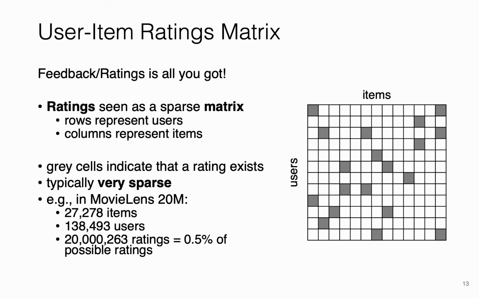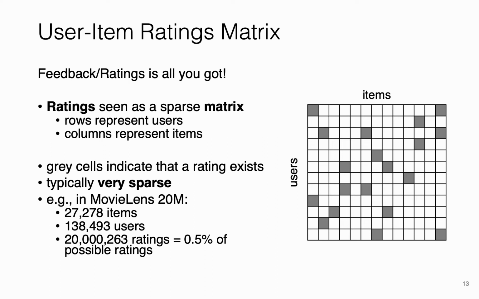As an example, consider a dataset that is commonly used for research in recommender systems. The MovieLens 20 million dataset has about 30,000 items and 140,000 users. Among the almost 4 billion possible user-to-item pairs, the system knows only 20 million ratings.